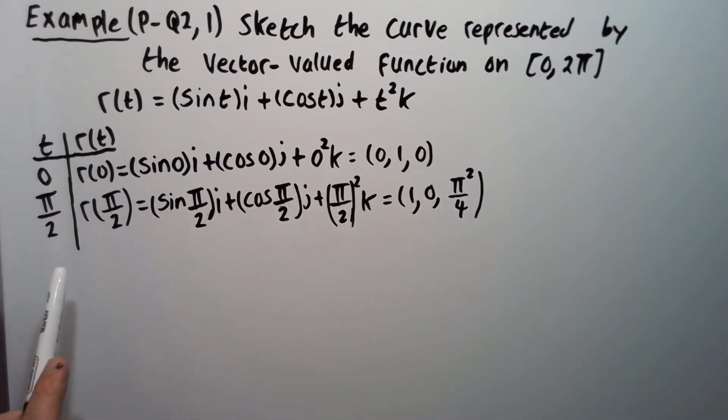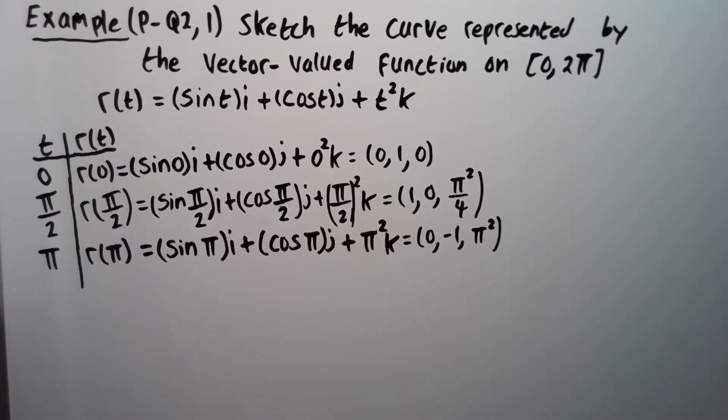So let's go in increments of pi over 2. Next one we'll do is pi. Sticking pi in, it'd be sine of pi i, cosine pi j, pi squared k. Sine of pi is 0, cosine of pi is minus 1, and you have pi squared here.